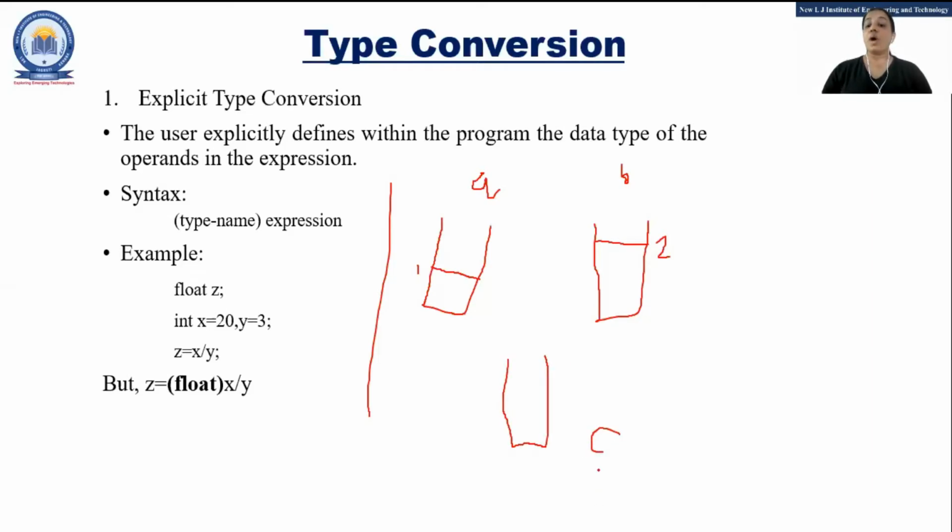First, I will fill jug C with A. That means I need to write C equal to A. C equal to 1. Clear?